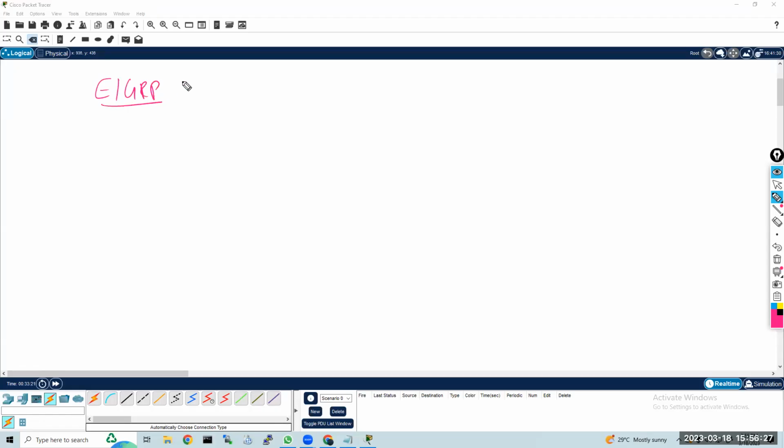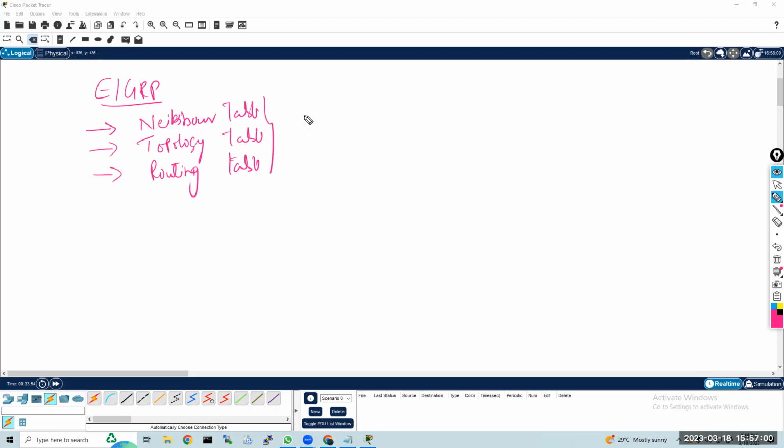Google it, no problem. Neighbor table. Then the second one, topology table. Then the IP routing table. These are the three tables formed by EIGRP. Okay, then what next?